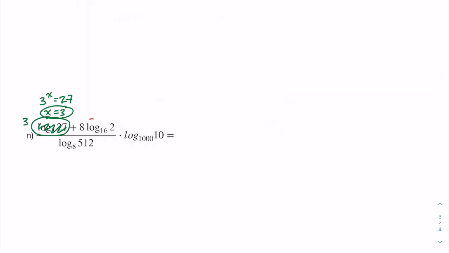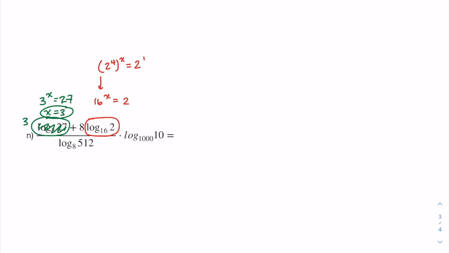Then you go over here. I'm going to ignore that 8 for a second. So this says 16 to what power is 2. And notice that the number got smaller. So this is pretty much screaming to me like, okay, maybe it's a root. And so we could say 16 is 2 to the 4th power, right?